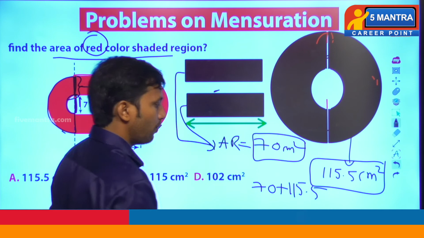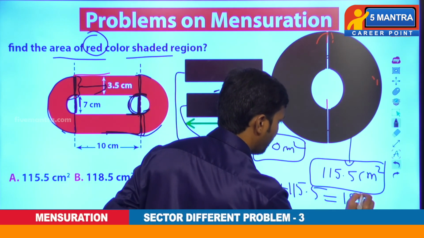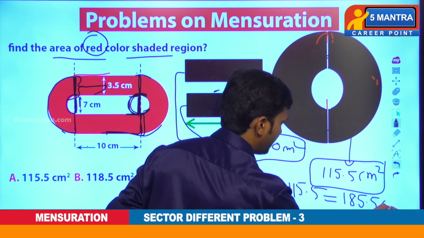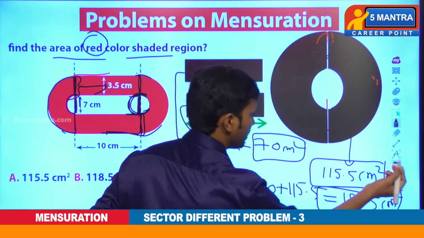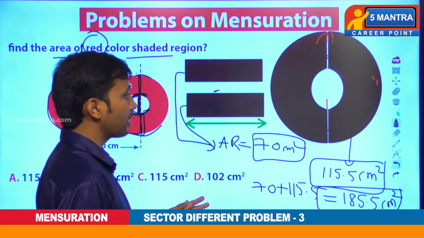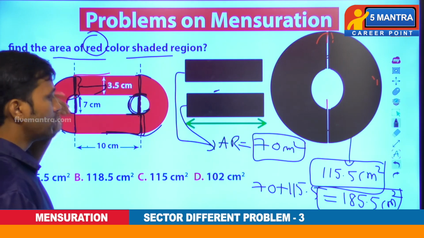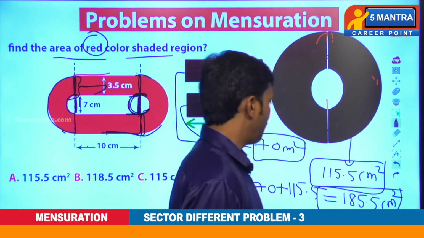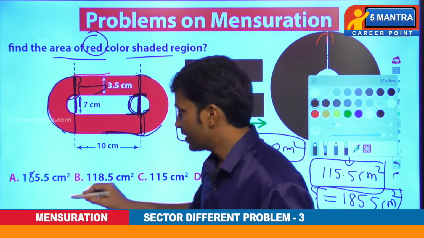What is this? 185.5, or not? 185.5 centimeters square. So what is your answer? 185.5 centimeters square is the resultant area of this entire figure. Out of the given options, which is the correct option?